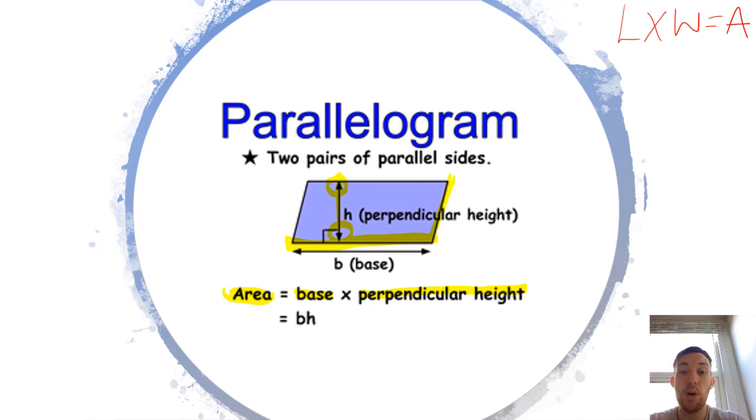No. We're working with the perpendicular height. So this can be reduced down to BH, which essentially means base times height equals the area of a parallelogram. That is essentially all we're doing. So it's very similar to rectangles and squares.